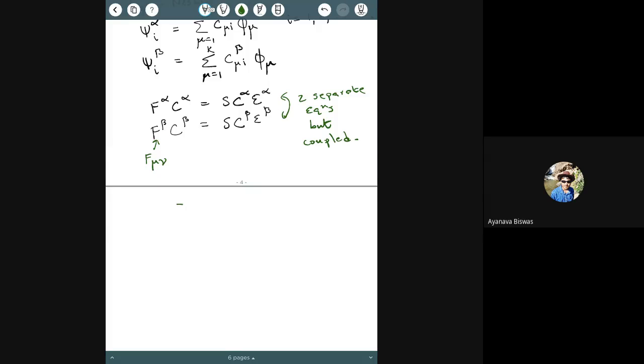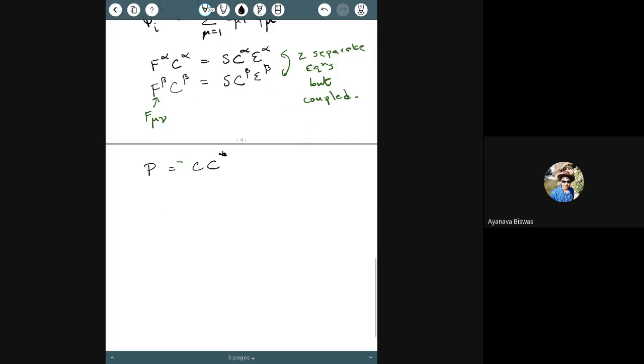Since this is a matrix operation in the basis, and the basis is the same, the only source of dependence of the alpha equation on the beta equation is from the C's. So you will have a set of C's which go into the definition of F alpha. If you remember from the restricted case, we had defined a density matrix of the form C C star, and that is what the Fock matrix depends on. So in this case also we will have density matrices. Let's see what they look like now.